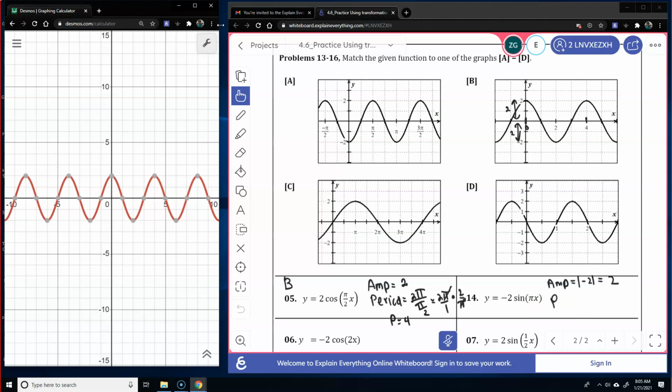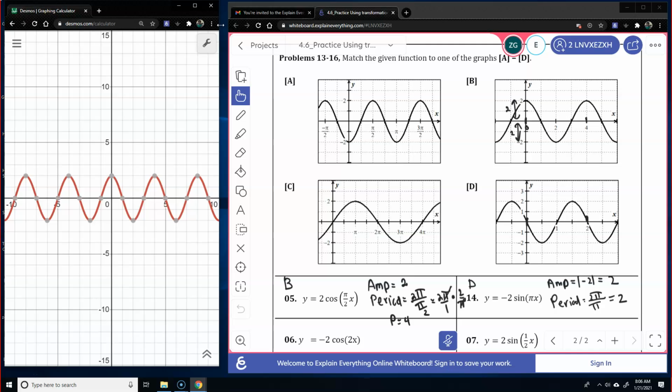The period is 2 pi over pi, which is B, so the period is 2. And we're talking about sine. So the only one that has a period of 2 is D. So this answer is D.